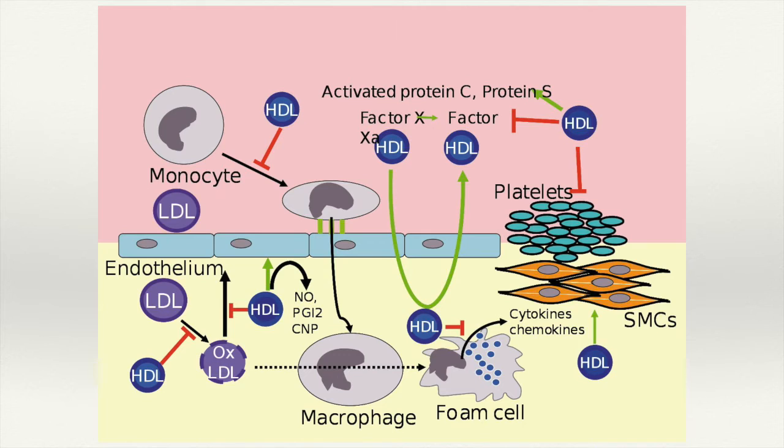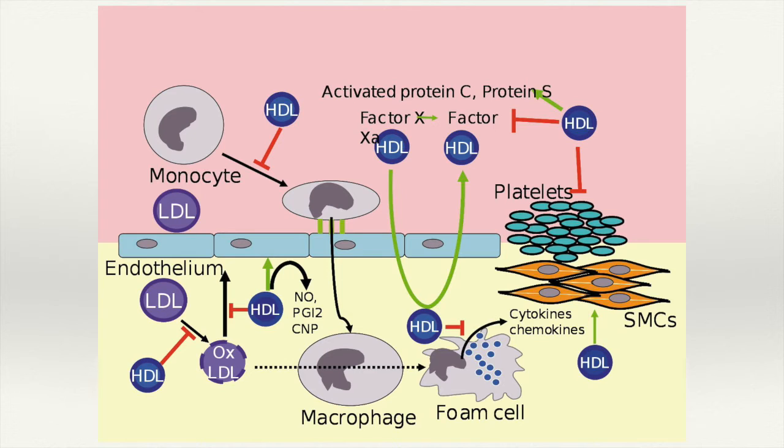Here we see the process that causes atherosclerosis. We see that LDL cholesterol enters through the endothelium and can become oxidized, and the oxidized LDL is taken up by macrophages, and these form large what are called foam cells, and these can grow into plaques and eventually rupture.